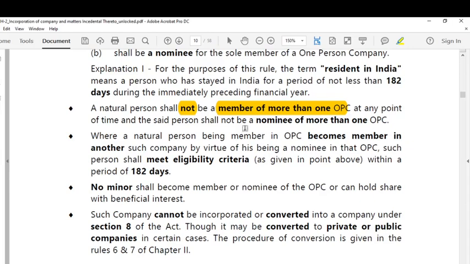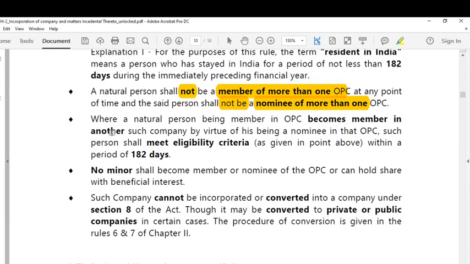And at the same time, a person also cannot be a nominee of more than one OPC, which means to say that an individual can become a member of one OPC and at the same time can also become a nominee of another OPC. But no person can become a member of two OPCs, and no person can become a nominee of two OPCs. But one person can become a member, and the same person can also become a nominee for another OPC. So this is the beauty of this provision given for the OPC incorporation.